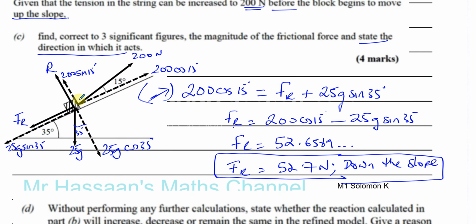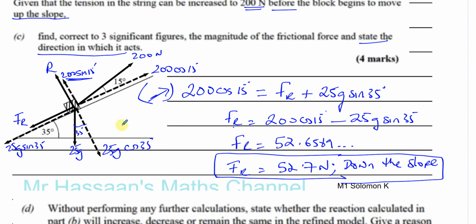If the tension increases, then the component of the tension acting perpendicular to the plane upwards is also going to increase. This has got bigger than it was before. Before it would have been 145 sine 15, now it's 200 sine 15. The component of the weight acting down is the same, it hasn't changed.